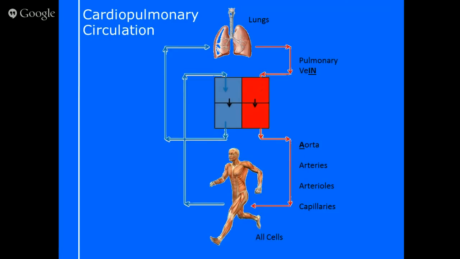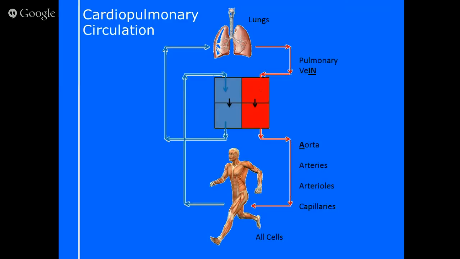A nice way of remembering that the aorta is coming away from the heart is that aorta and arteries all start with an A, and they are being pushed away from the heart towards the rest of the body. So it starts off with the aorta, and that's like the tree trunk. They then break down into the arteries, which are kind of like the branches off of it.